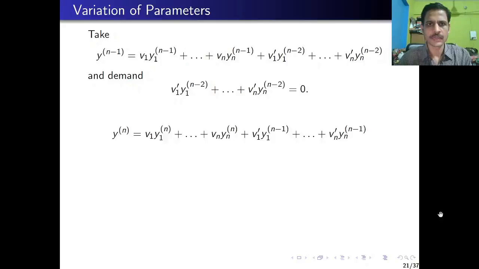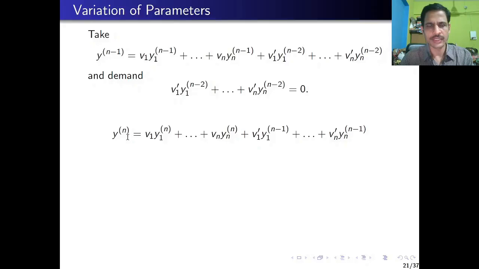Then we differentiate the (n minus 1)th derivative of y to get the nth derivative of y. There will be 2n terms here because in the (n minus 1)th derivative of y, there are n terms which are surviving after this assumption.